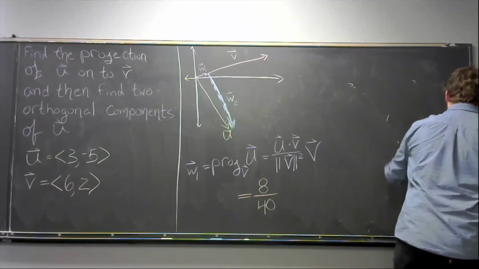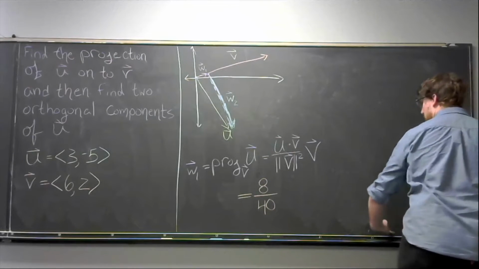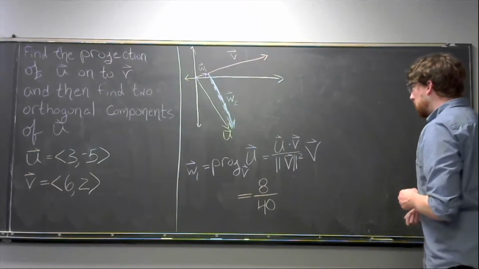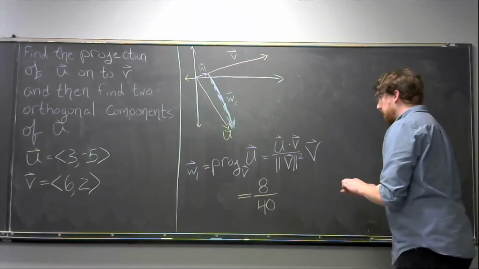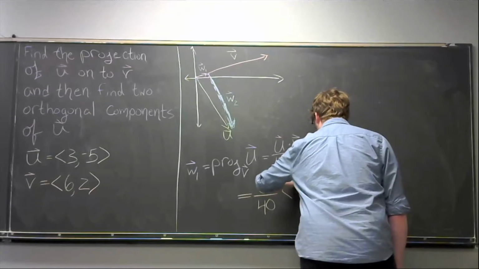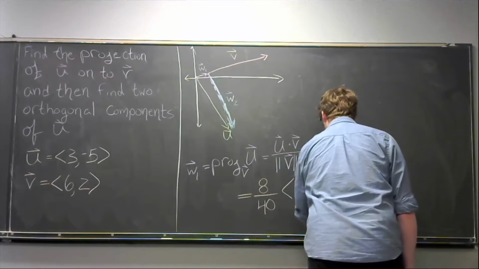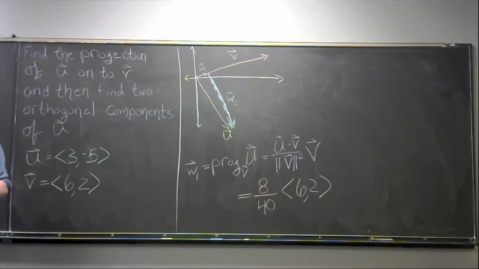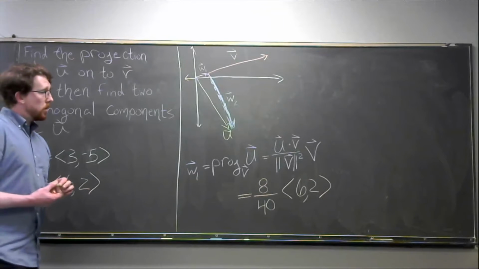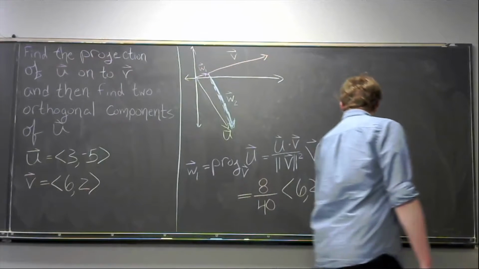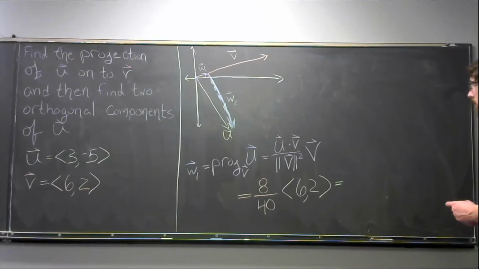Now we're multiplying this fraction by v. Or rather, we're multiplying v by this fraction. Well, we know v is equal to 6, 2, so multiplying all of this.